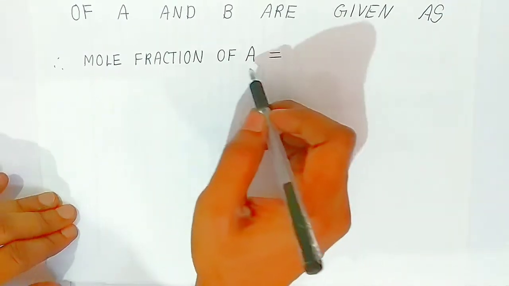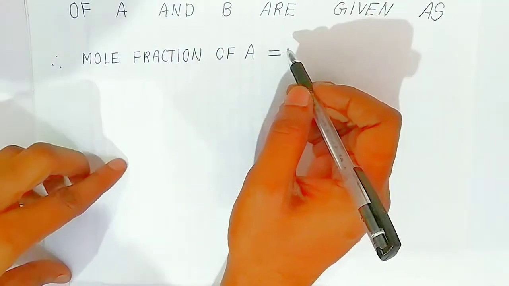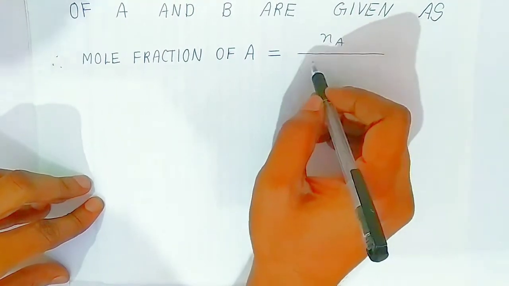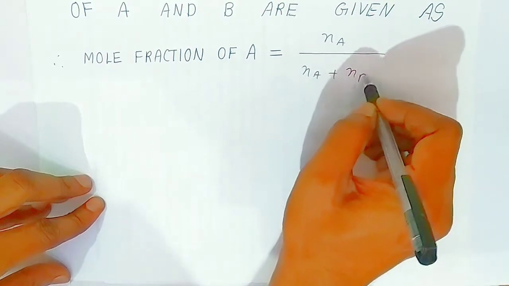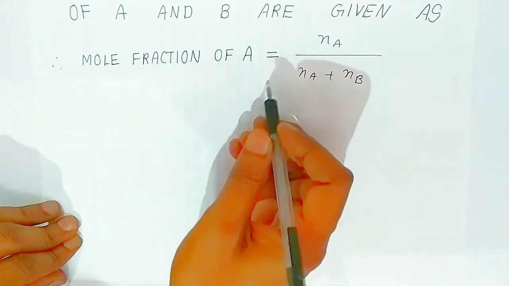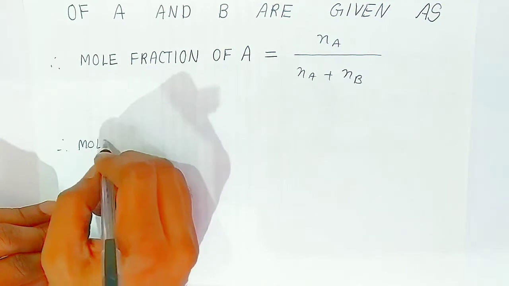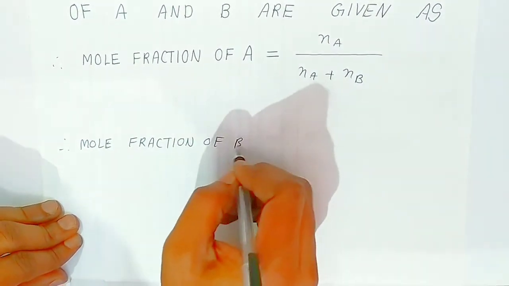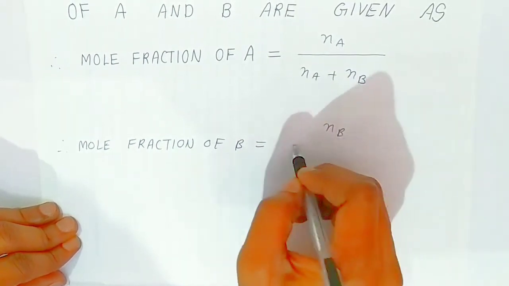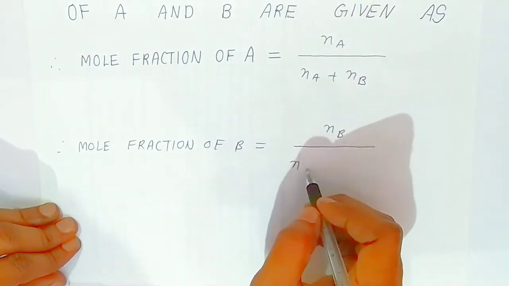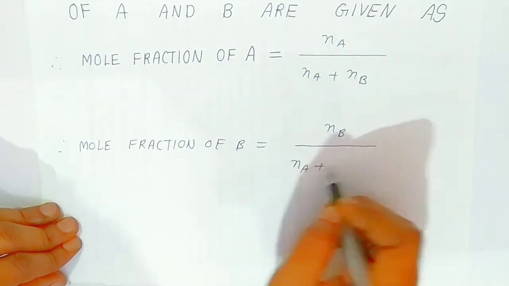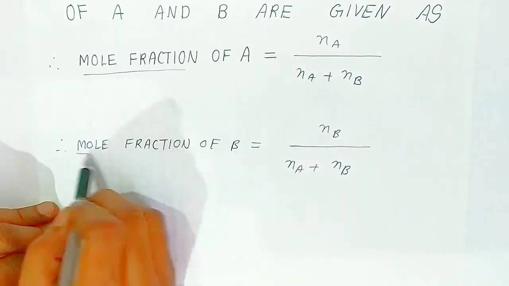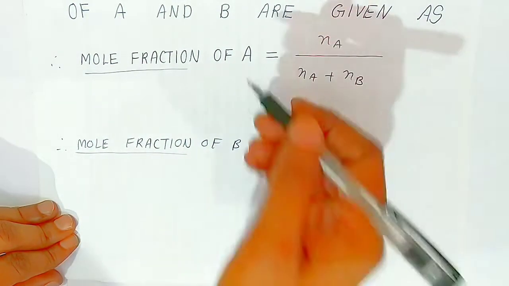The mole fraction of A is written like this: number of moles of A upon the total number of moles, that is N A plus N B. So this way we can find the mole fraction of A. In the same way you can find the mole fraction of B also, that is the number of moles of B component present in the total number of moles of solution, that is N A plus N B. Okay students, this way we can calculate the mole fraction of A component and B component, whether it is solute or solvent.